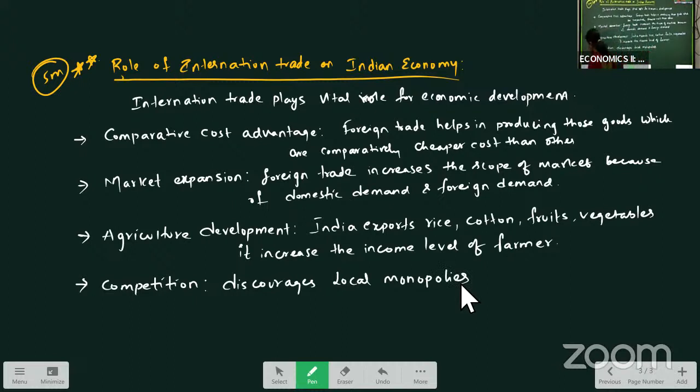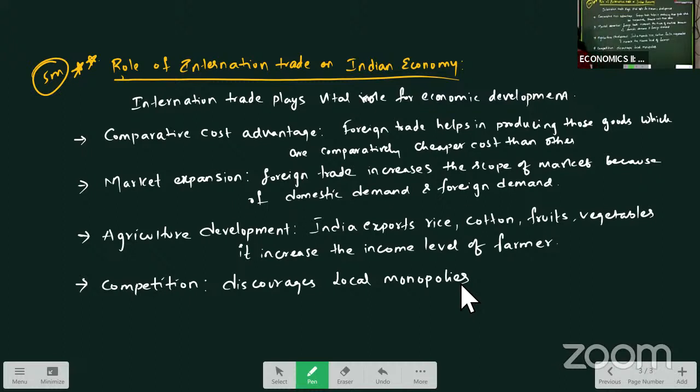Right? Local monopolies. Who is a monopoly? A single seller, who can decide the price according to himself, and he can put the price high also to get more profits. So when international trade is done, foreign companies and domestic companies make products which are made available to the public, so there is no chance of local monopolies.